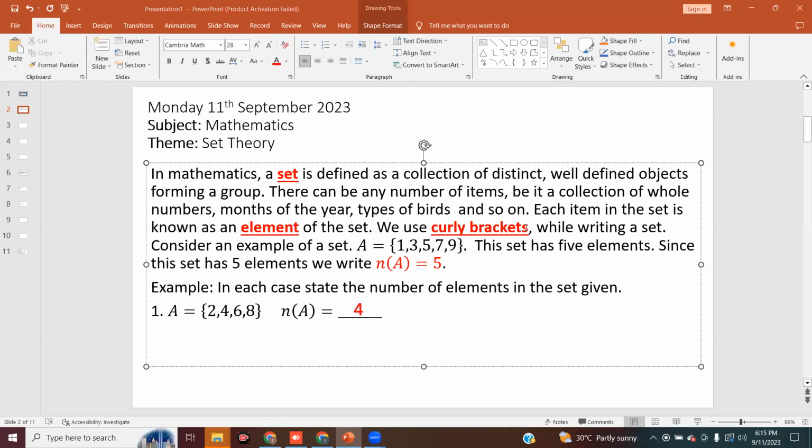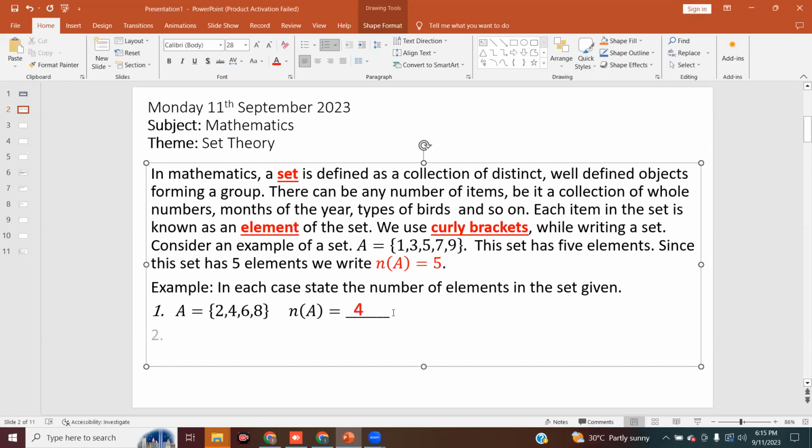And Aaliyah, what are the elements inside set A? 2, 4, 6, and 8. So that means how many elements are inside set A? 4. Very good. Altogether, there are 4 elements in set A.